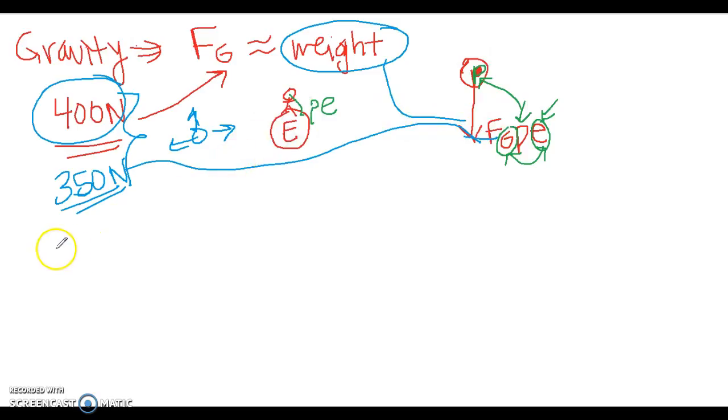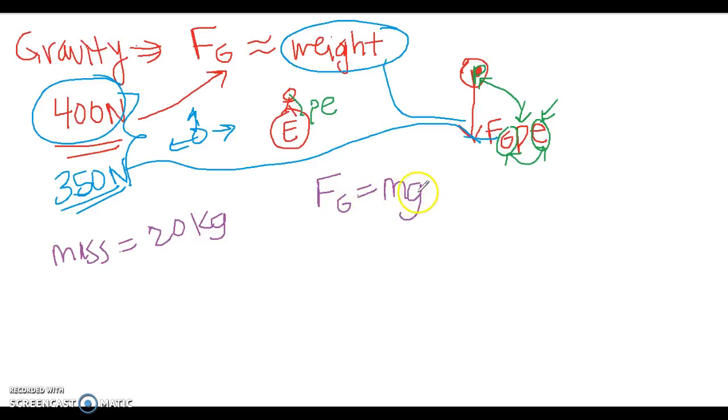So the other sneaky thing is that you can be given the mass. So let's say that the mass is 20 kilograms. If you remember from the lab, force of gravity is equal to mass times little g, all right?